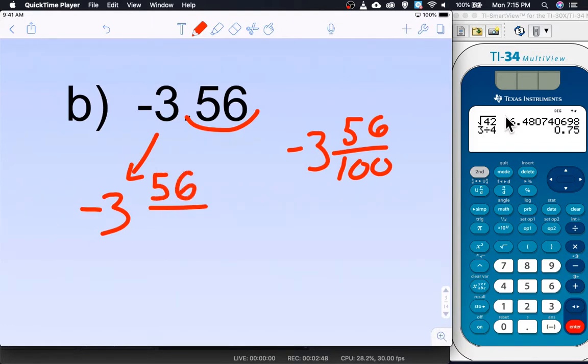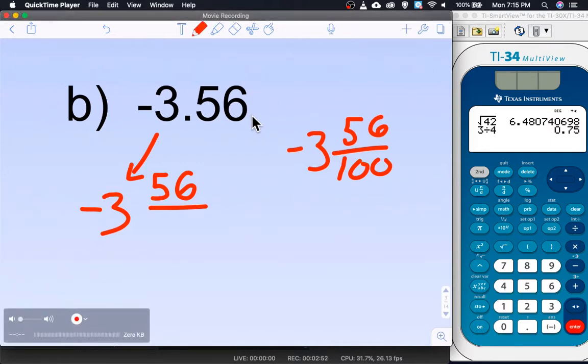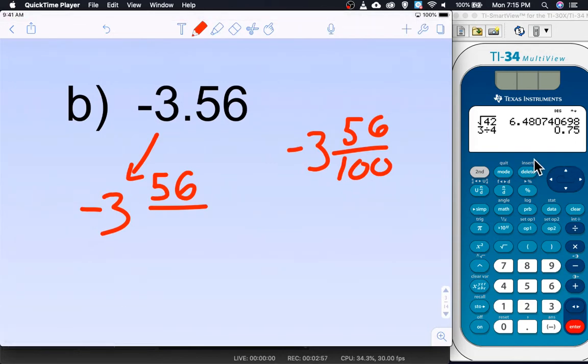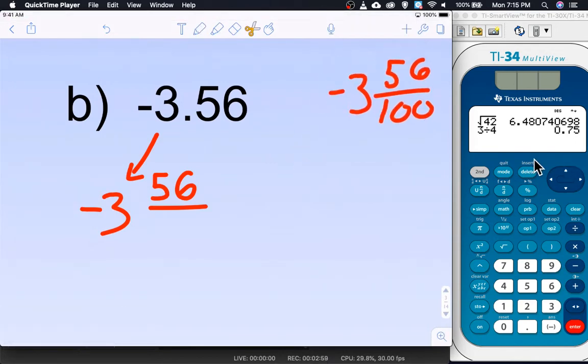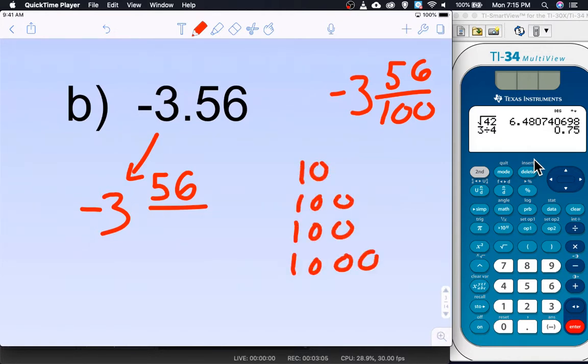And because this is a terminating decimal, because it stops right here, I know my denominator is going to be a power of 10. It's either going to be a 10 or 100 or 1,000. It's a 1 followed by a whole bunch of zeros. And how do we know which one of these it is? Well, 56 has 2 digits, so I picked the one that has 2 zeros.